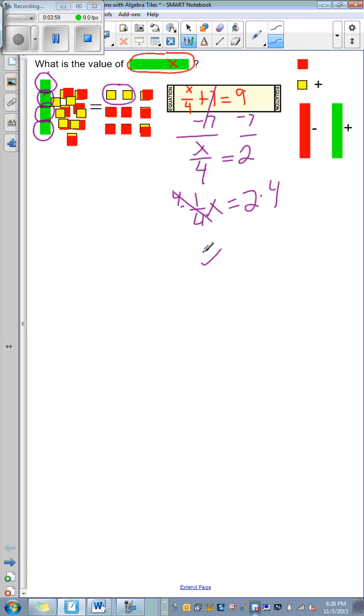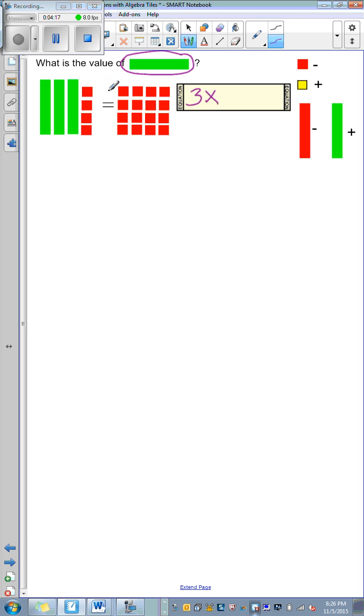All right, let's try another problem. We have this value here, and again, we are trying to solve for x. So we notice we have 3 x's, and then we have the red, so that's 1, 2, 3, 4. We're taking away 4, and that's equal to -16.